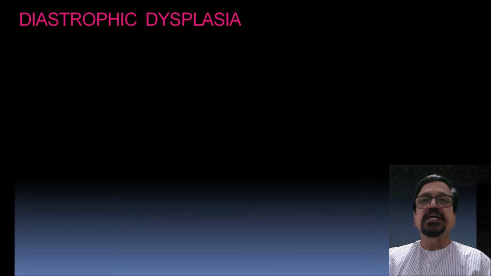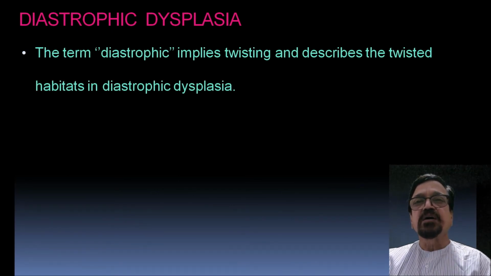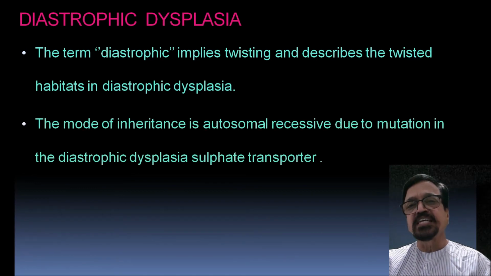Now let us come to the diastrophic dysplasias. The term diastrophic dysplasia implies twisting, and describes the twisted habitus in diastrophic dysplasia.